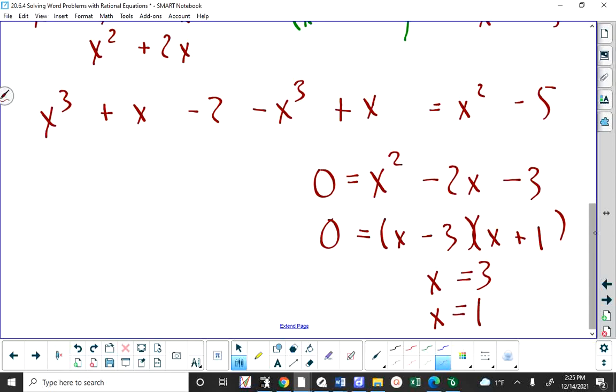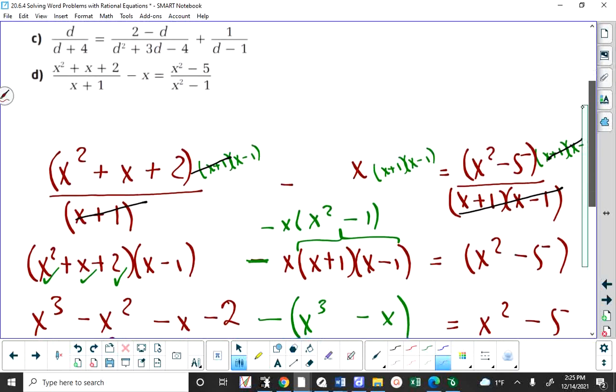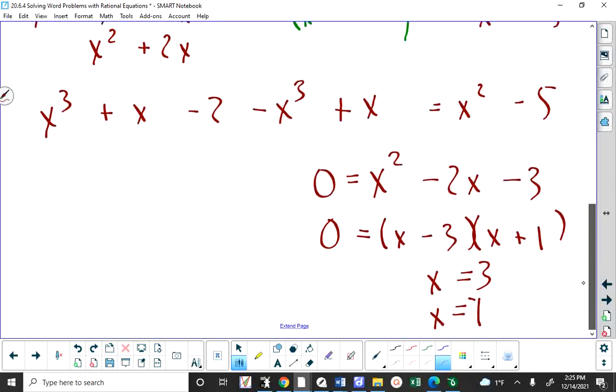The only thing that's left, and it's been such a long journey with this question, I don't even remember, is are either of those numbers non-permissible? Because if they are, then we kick them out. The non-permissible values were 1 and negative 1. Sorry, Charlie. Not that one. We just have to go with the 3. Good?